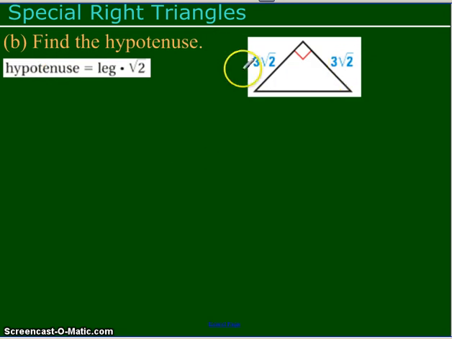Alright, in this example, notice that we're given both legs. If these two legs are congruent, then that's going to be a 45-45-90-degree right triangle. So all we do to go from a leg to the hypotenuse is multiply it by the square root of 2. So I'm going to take 3 radical 2 and times that by radical 2 to equal my hypotenuse.